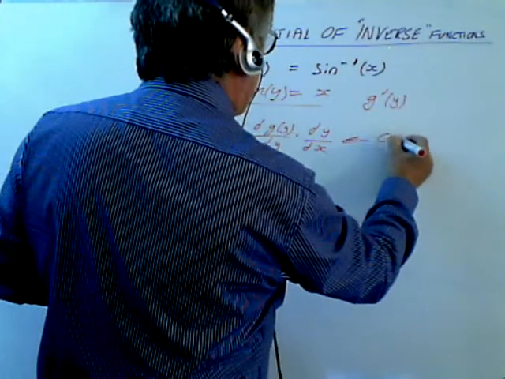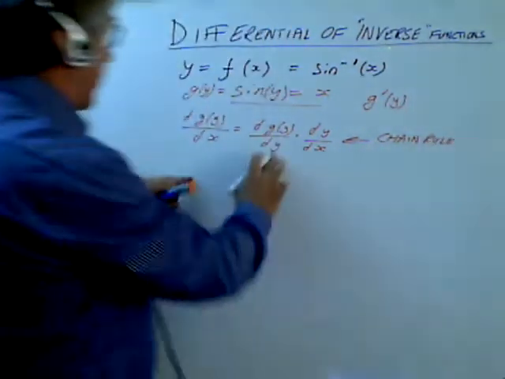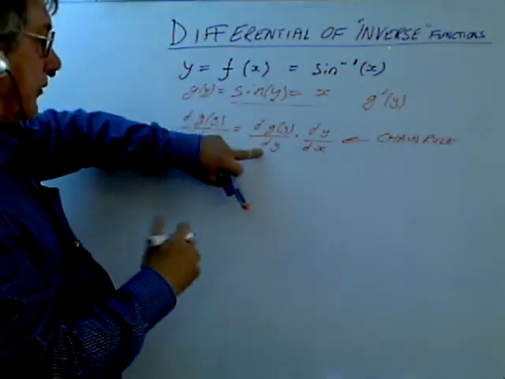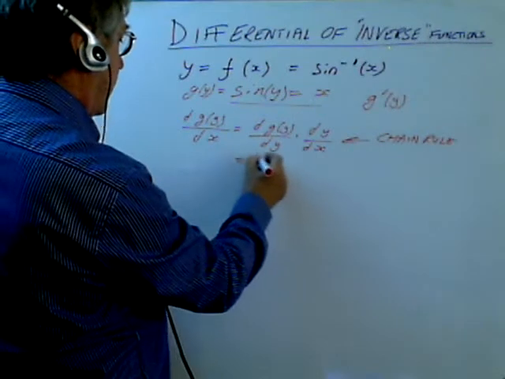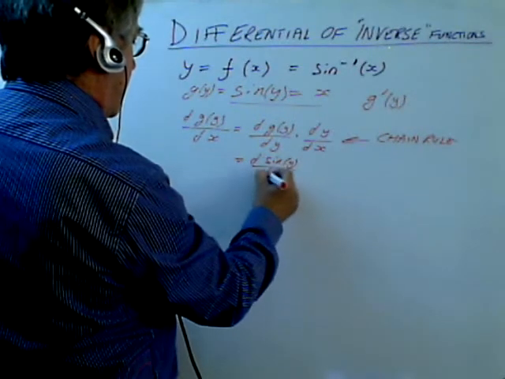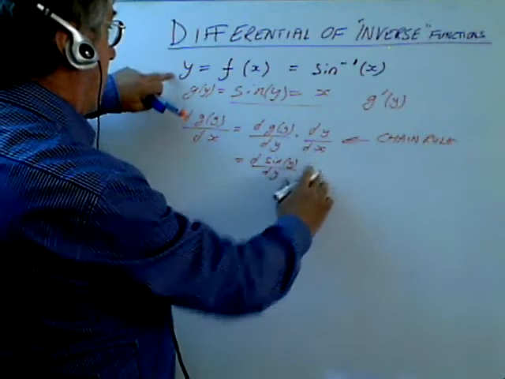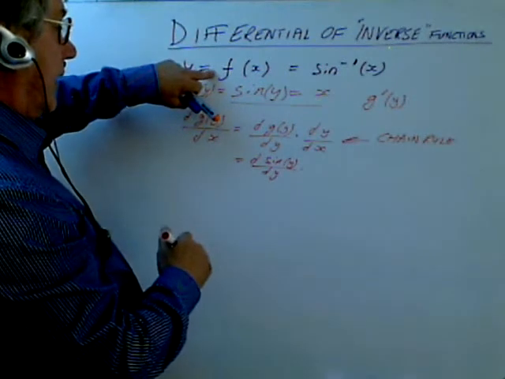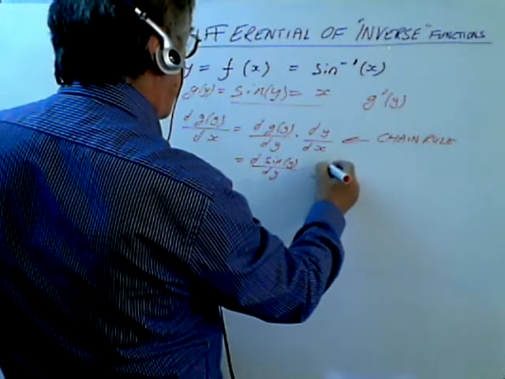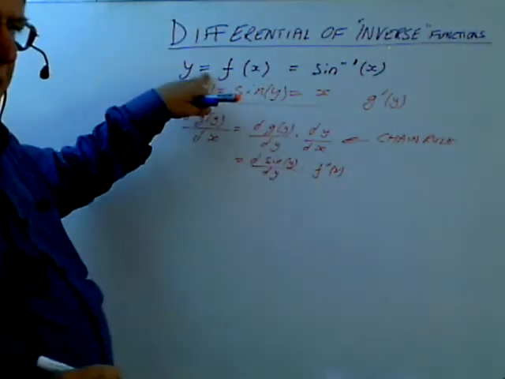So let's look at this. What is the differential of sine y with respect to y? So I shall write it in here: d sine y/dy multiplied by dy/dx, but dy/dx is what we're actually trying to find here. It's actually f dash of x, which is dy/dx.